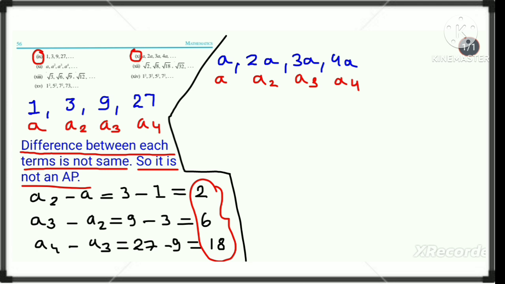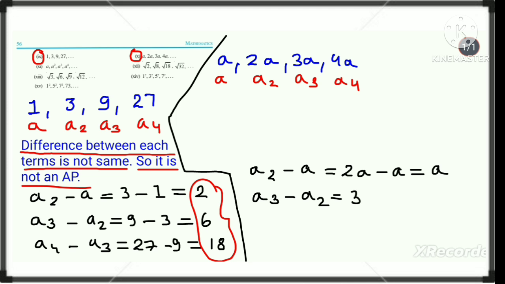Firstly, the difference between A2 and A1. A2 is 2a and A1 is 1a. After subtracting 2a minus a, we get a. Now the difference between A3 and A2. A3 is 3a and A2 is 2a.